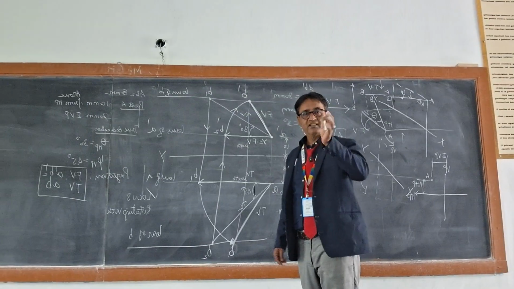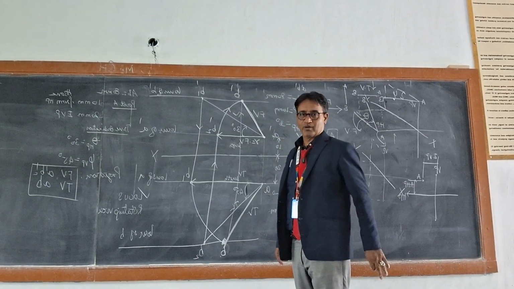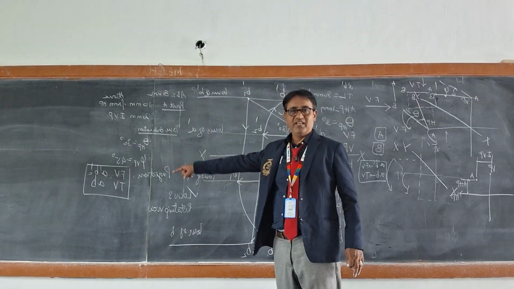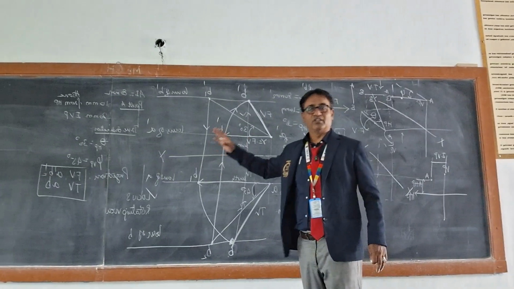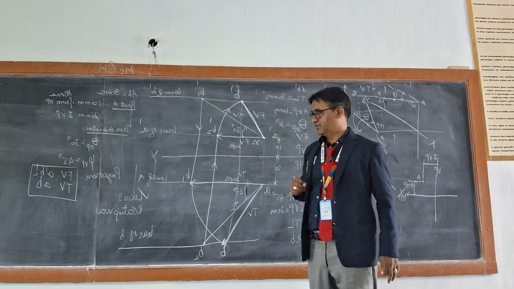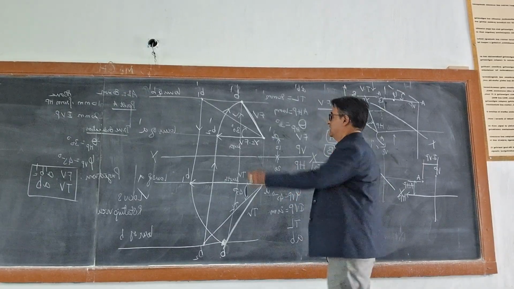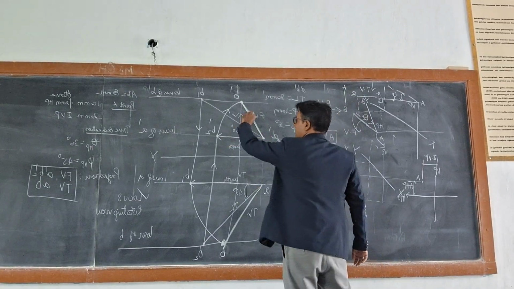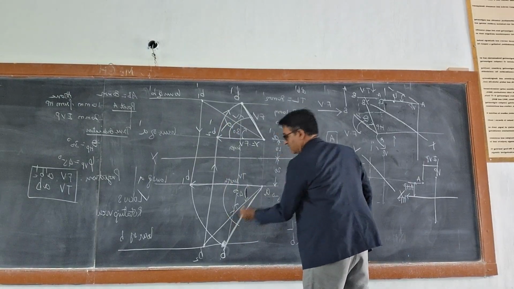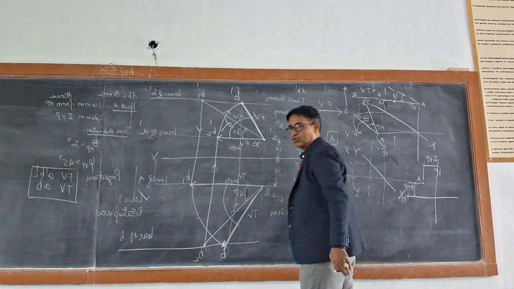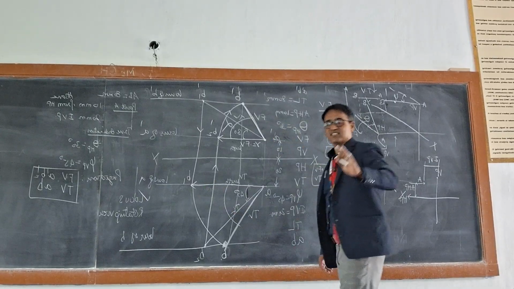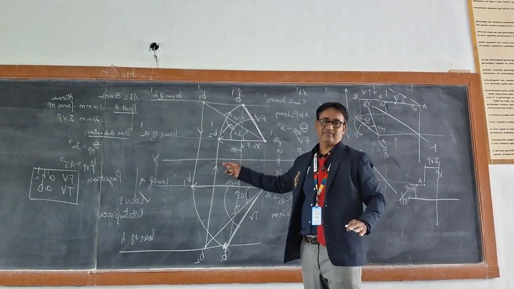Now, the other way of checking your problem is this: the front view length, whatever you are getting, will be less than the true length. And the top view length, whatever you are getting, will also be less than the true length. Now, this front view is making an angle which is called alpha. This top view is making an angle with the locus of A, and this locus of A is logically nothing but xy.